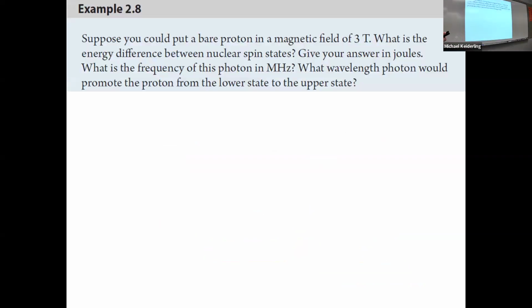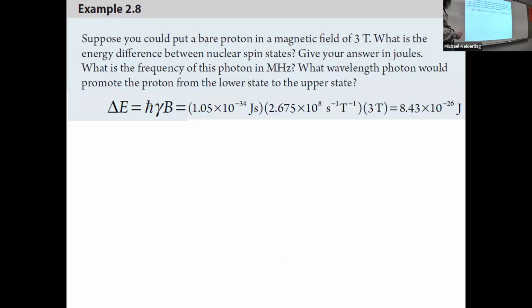So if you put a bare proton in a magnetic field of 3 Tesla, the energy difference between nuclear spin states would be h bar gamma B. So h bar is just h divided by 2π. It's 1.05 times 10 to the minus 34 joule seconds, times gamma for a proton, which is 2.675 times 10 to the 8th inverse second inverse Teslas, times 3 Tesla.